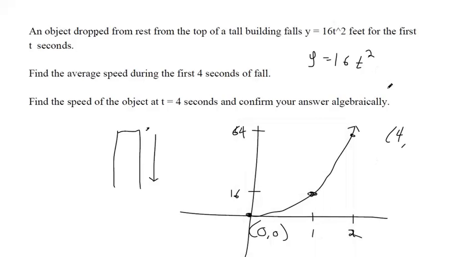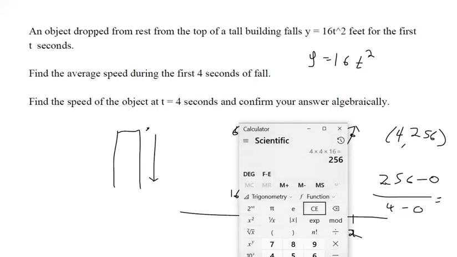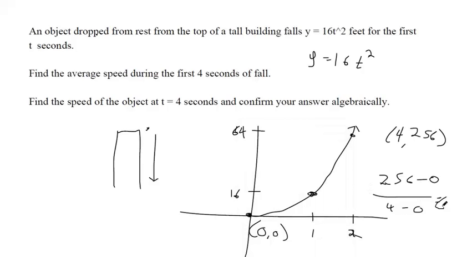We've traveled 256 feet, right? So the average speed is the slope between those 2 points. So 256 divided by 4. We've gone 64 feet over 4 seconds. 64 feet per second over those 4 seconds. That's the average speed. Okay?